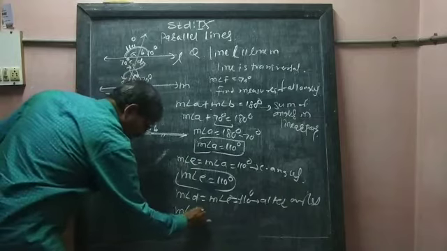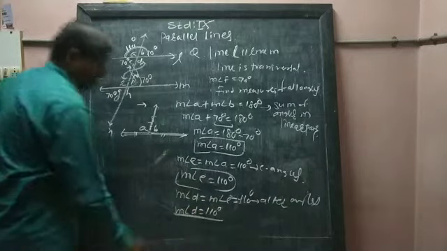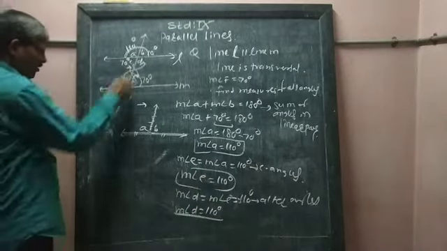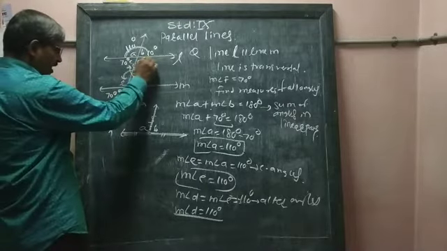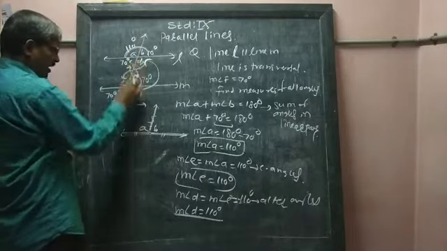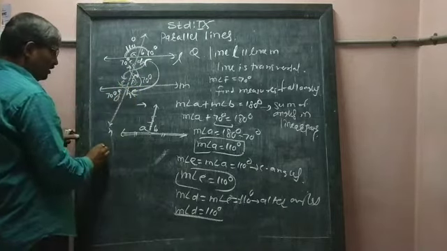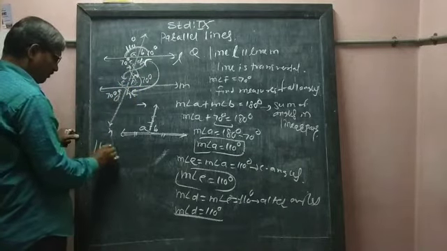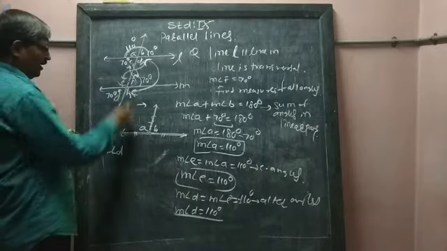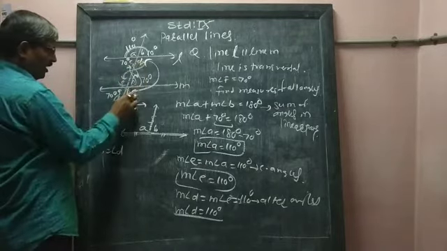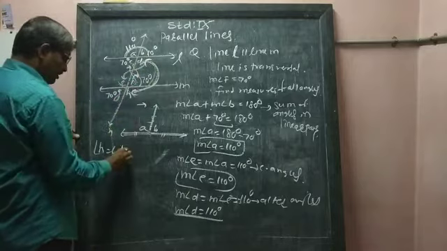Therefore, measure of angle D is equal to 110 degrees. Now, E and H are vertically opposite, so I am taking angle H is equal to angle D. These are corresponding angles.